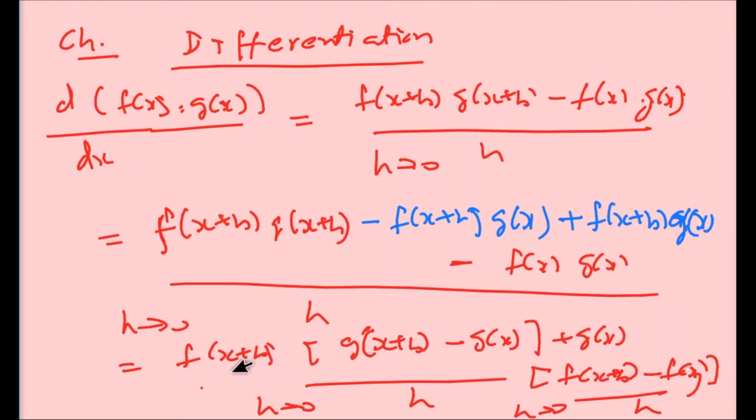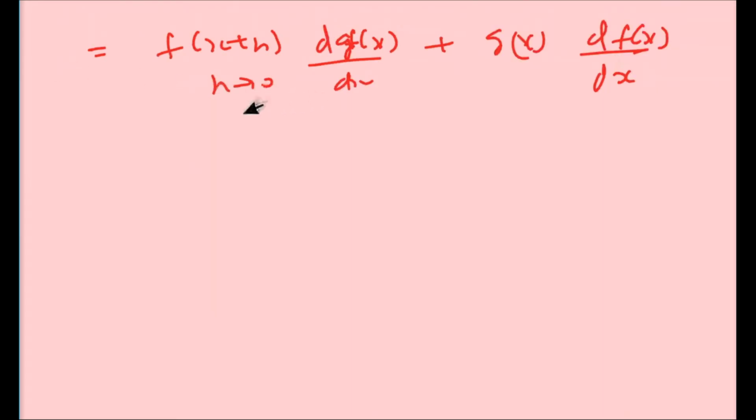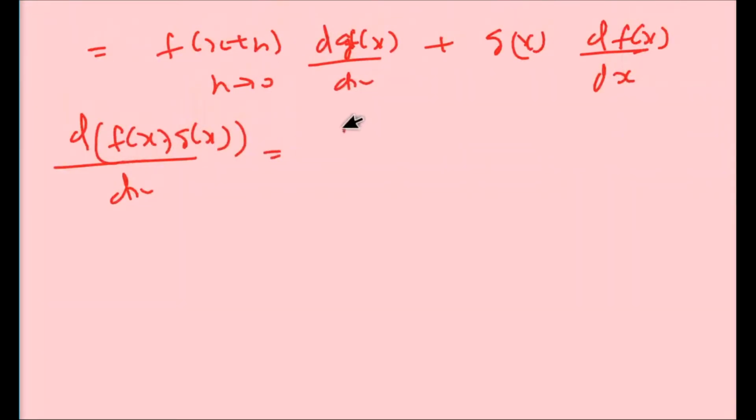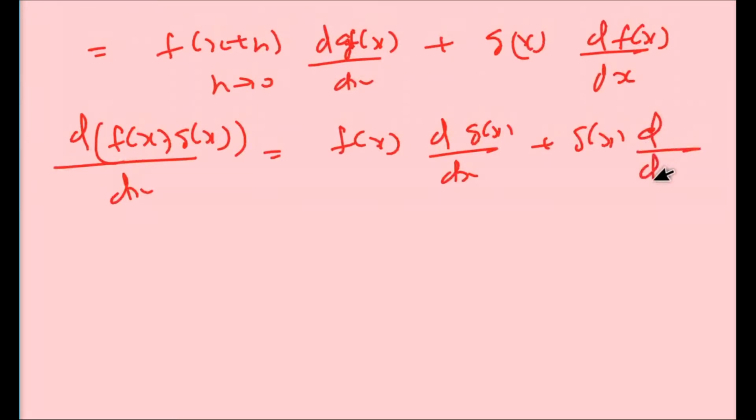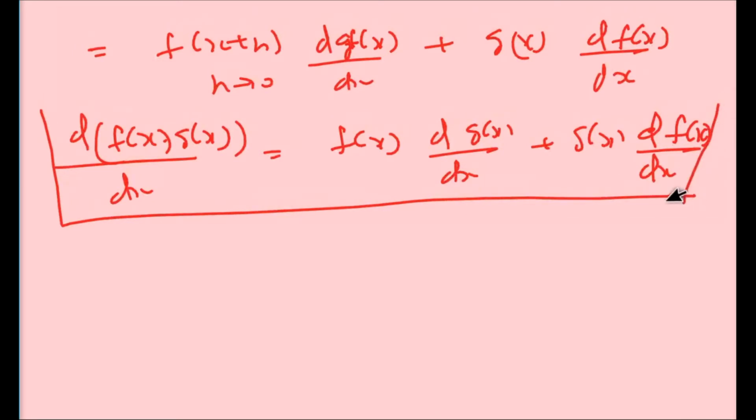In the limit here we can put f(x). So student, we can find the basic formula for f(x) into g(x): f(x) times the differential of g(x), plus g(x) times the differential of f(x).